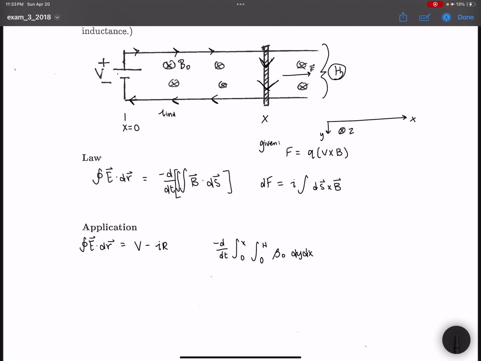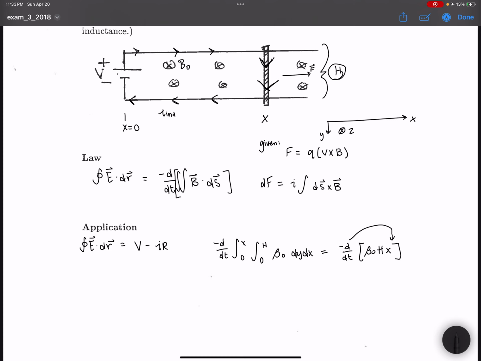So we gotta solve this. Someone already solved the integral on the other iPad. So you're gonna do negative d/dt of B naught h x, and we know that the derivative of x, or position, is velocity.